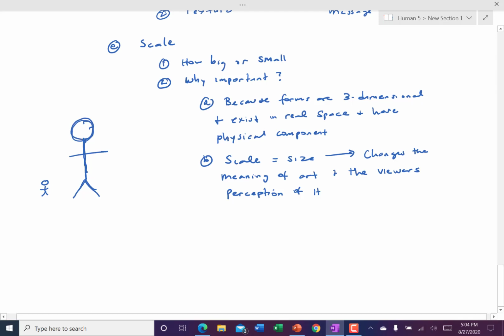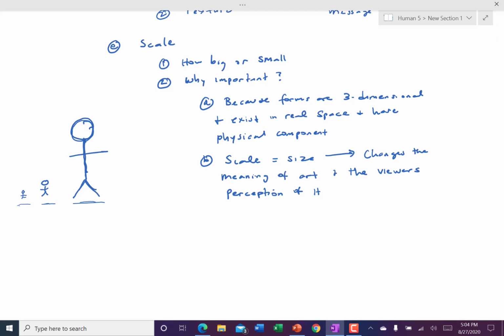And you could even get into the minuscule. There are artists that carve the tips of pencils, right? And they have to use a magnifying glass to do it. Even if these were the same sculptures, how you perceive each of these and the meaning is going to change based on that size.